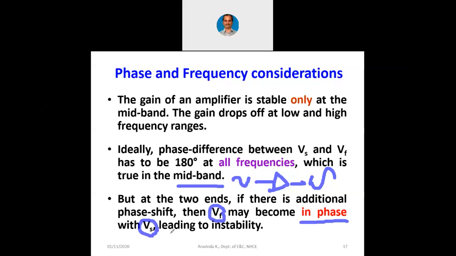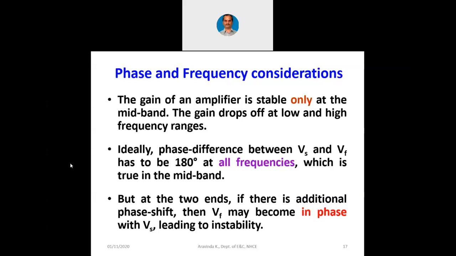Now the circuit will unnecessarily have increased gain, which is called instability. Till now we thought that the circuit will be highly stable, with normal control of the gain through negative feedback. But that is not the case at the higher band. When the frequency increases, the circuit may become unstable.